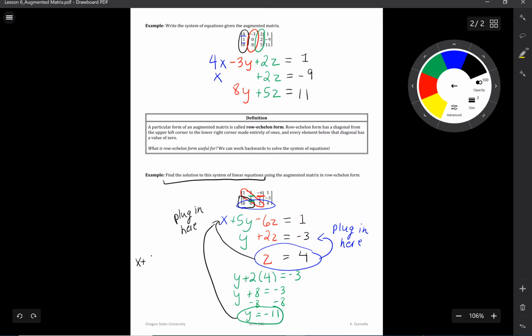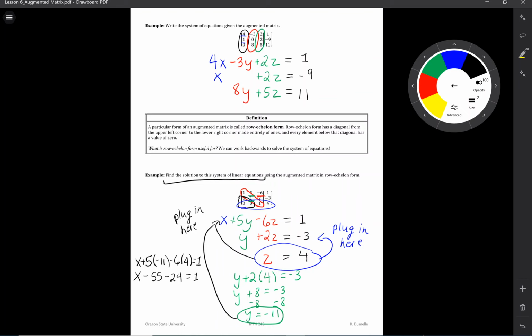X plus 5 times y, which I just found to be negative 11, minus 6z, and I know that z is 4, equals 1. Okay, so I get x minus 55 minus 24 equals 1.